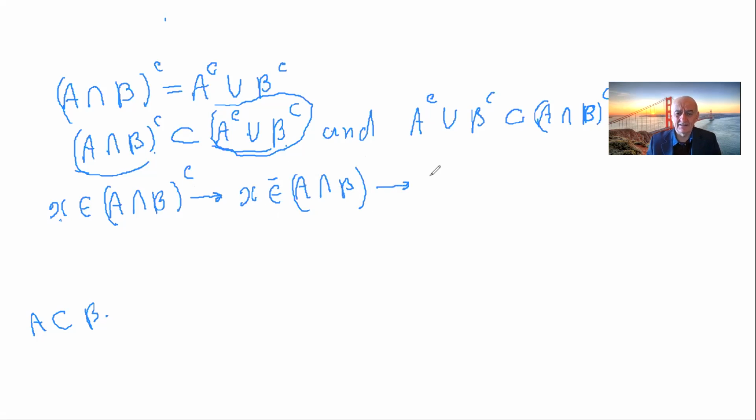It means that it's not true that X belongs to this set. So it means that it is not the case that X belongs to A and B. Okay. Do you agree so far?